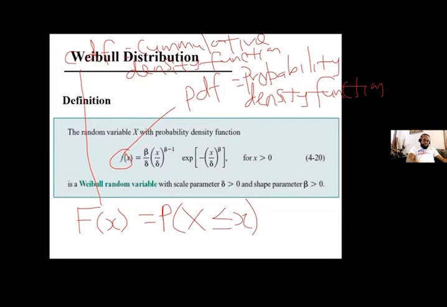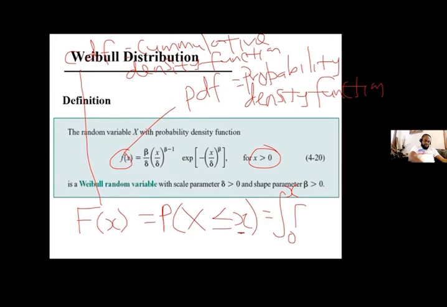Now, if I want to do that here, if you take a look at this, x is greater than 0, right? I'm going to go from 0 to x, because at most, we go to x. I can write the distribution, or probably I'm not going to use x again. I'm going from 0 to x.